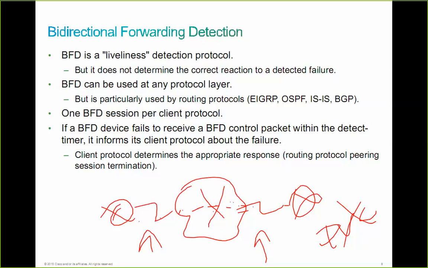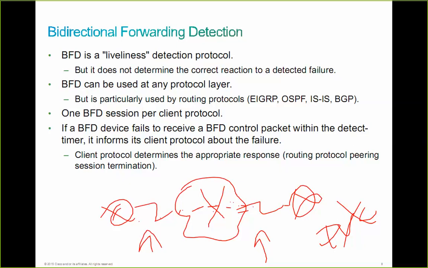The hello timer, the dead timer. That completely slows down the convergence process, right? The routers don't even know that they're not neighbors anymore until their dead timer expires, because the hellos aren't being passed back and forth across the PVC, right? The PVC is not responsive.